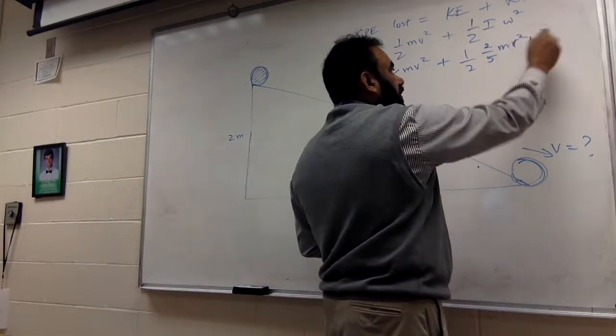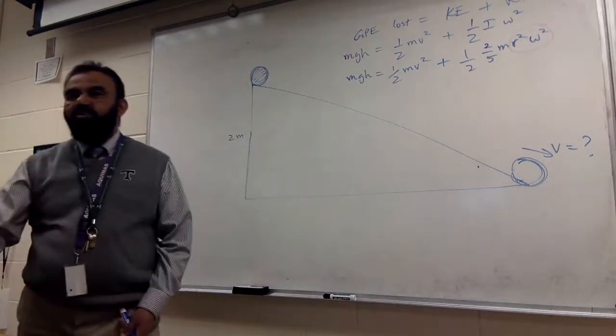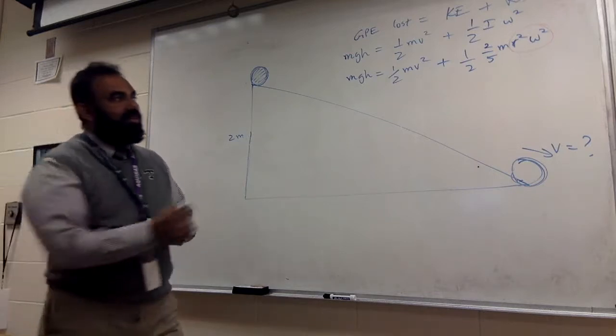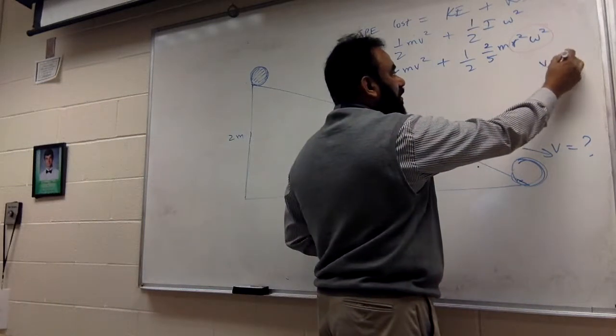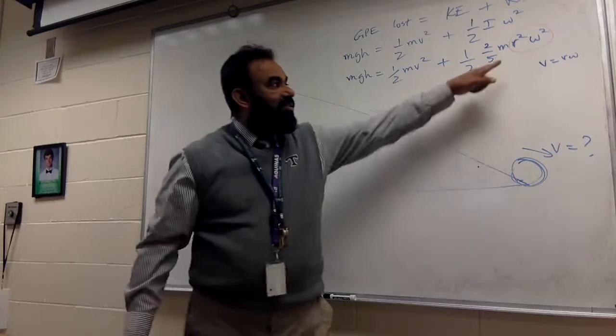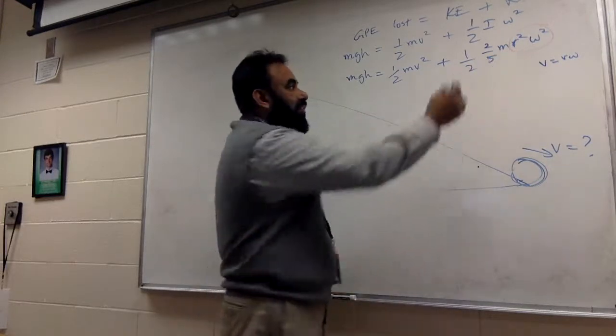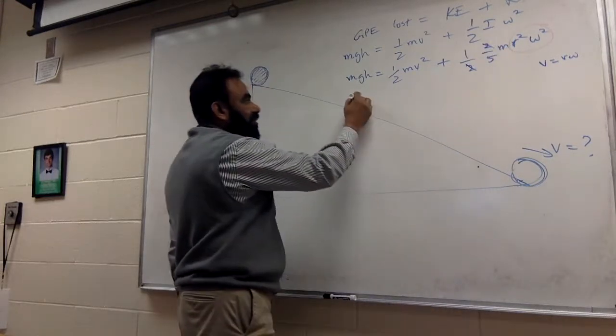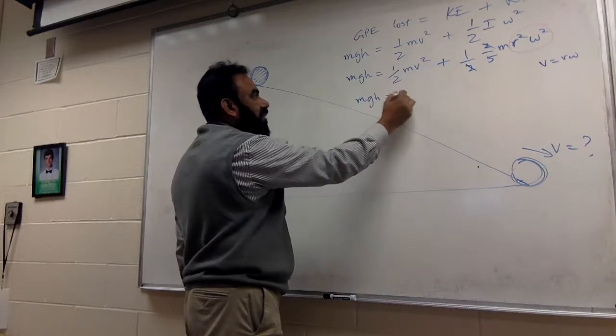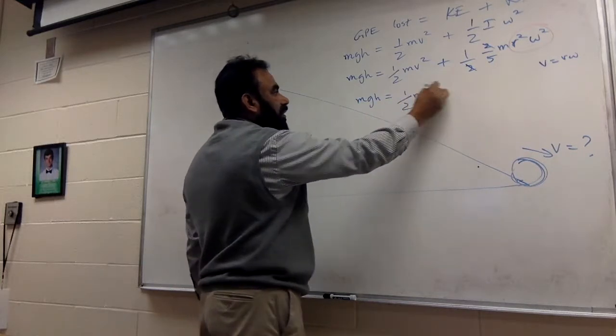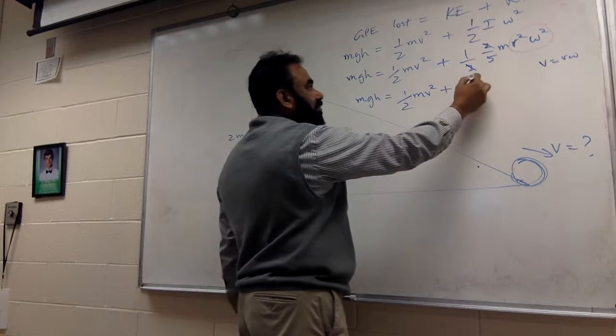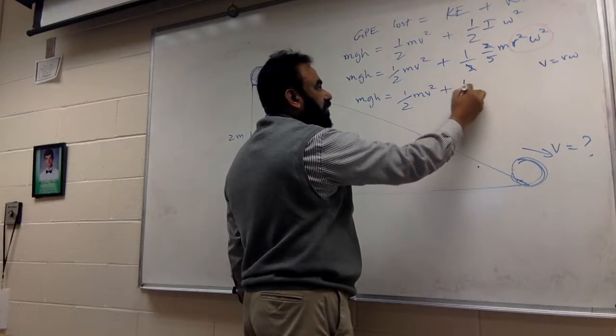What is this part? That's velocity squared. You see it? Because velocity is equal to r omega. So this is nothing but velocity squared, and these twos cancel off. So what is left now is mgh is equal to half mv squared plus 1/5 of mv squared.